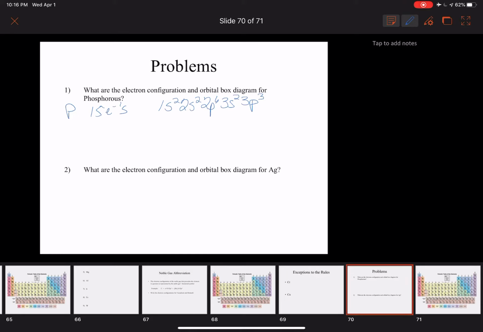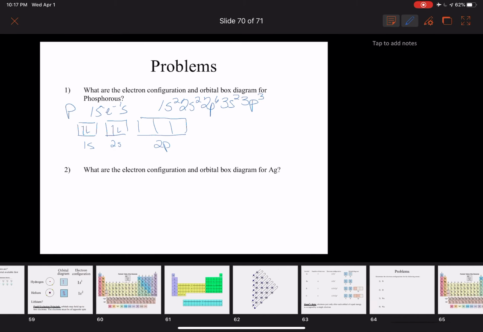So we're going to draw a box for our 1s, and put 2 electrons in there because it's 1s2, and then a box for the 2s, and then 3 boxes all stuck together for the 2px, 2py, and 2pz. And that indicates that all of those are at the same energy level.